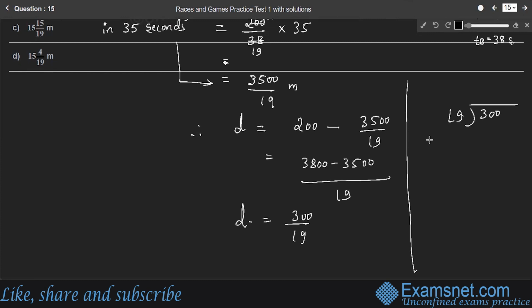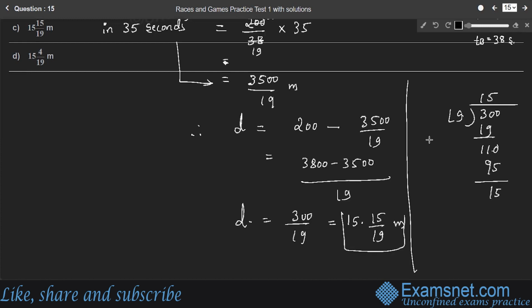Directly divide: 19 into 300 is 15, with 15 as the remainder. So this can be written as 15 and 15 by 19 meters.